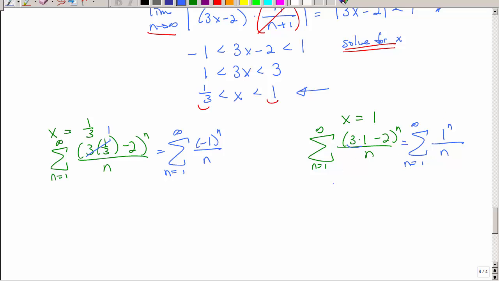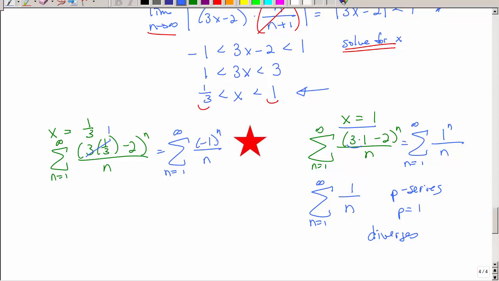Well, I think I'm going to do this one over here, because 1 to the n is just 1. That's just a p-series, where p equals 1, and we know that diverges. So we would not include 1. What about this? It's an alternating series. So we would say, does the limit as n approaches infinity of the non-negative part equal 0?